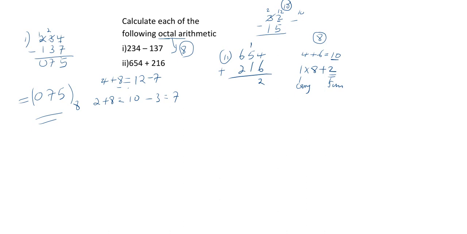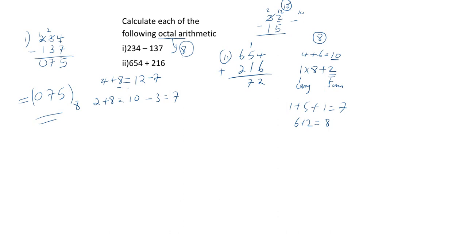Then the middle column, we have 1 plus 5 plus 1. This gives us 7. 7 is not greater than 8, so we write the 7. Then we have 6 plus 2, which is 8.